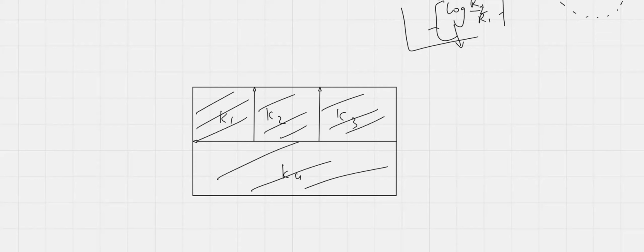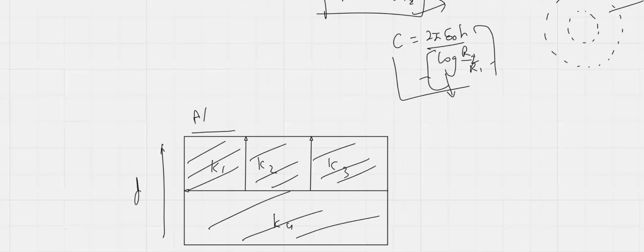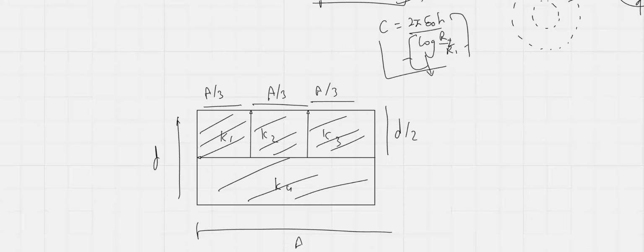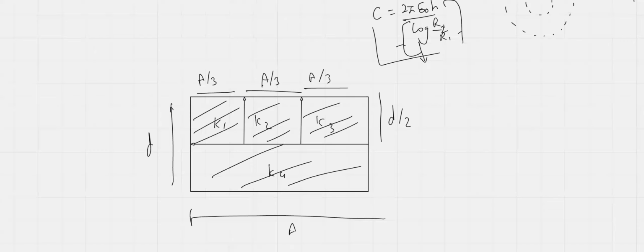The total area is A, the distance is d. This particular area is A by 3, this also becomes A by 3, and this thing is d by 2. You have to calculate the net capacitance of this configuration.